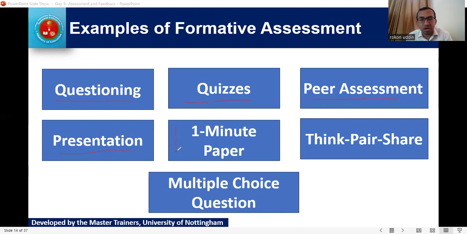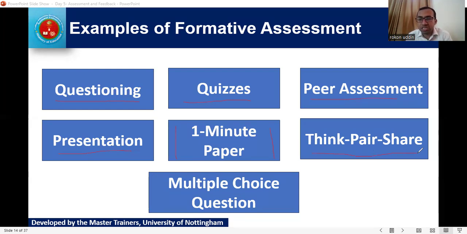1 minute paper. In the previous session, you came to know how to use the 1 minute paper. So the 1 minute paper is a kind of formative assessment. And also think, pair, share. Think, pair, share is an active learning activity, and at the same time, it can be used as a way of assessment.